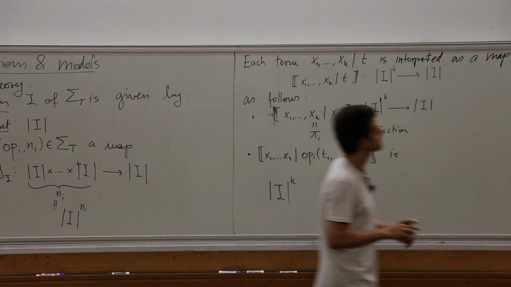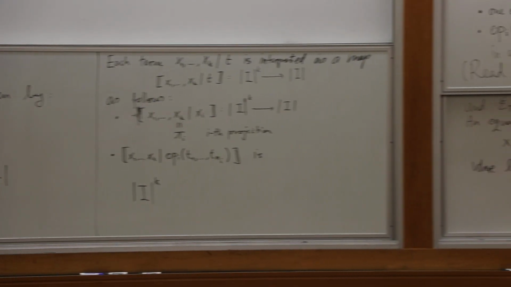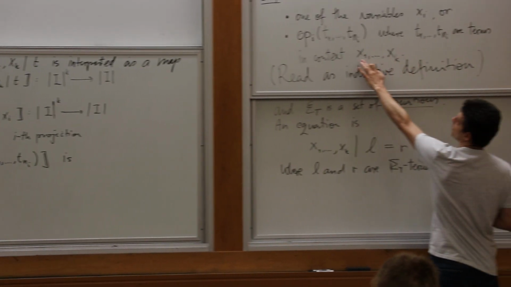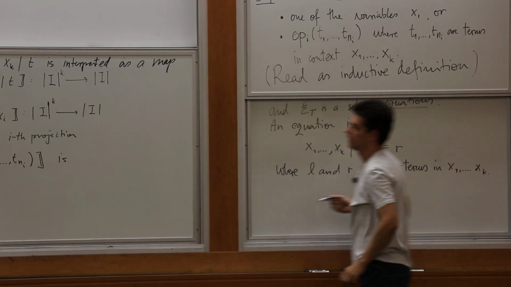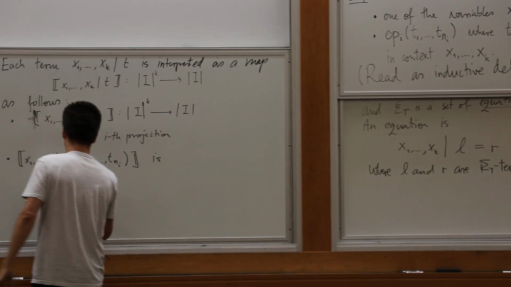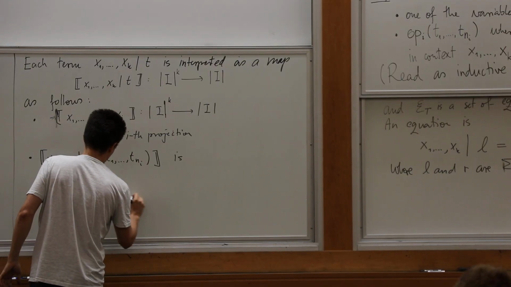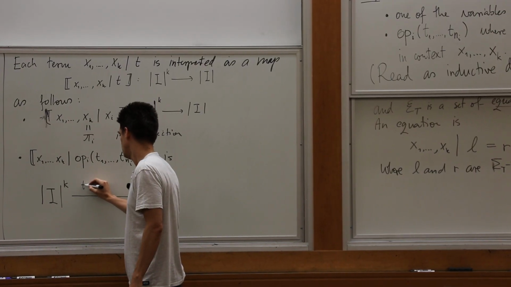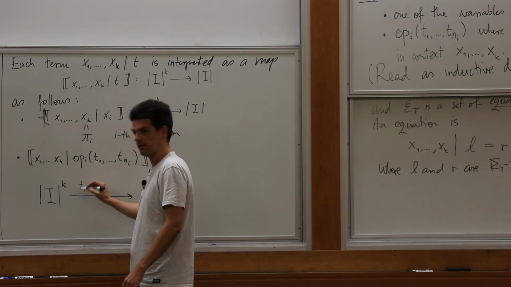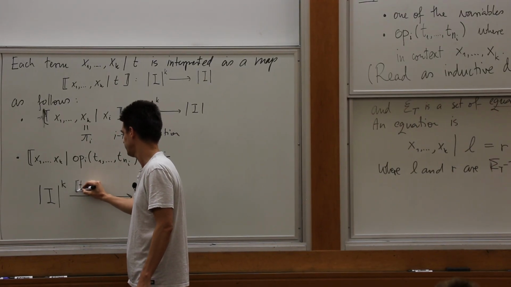Now each of these guys here is also a term in the same context, so we can interpret those, and each one of them will give me, if I interpret t1, and now I will allow myself an abbreviation.